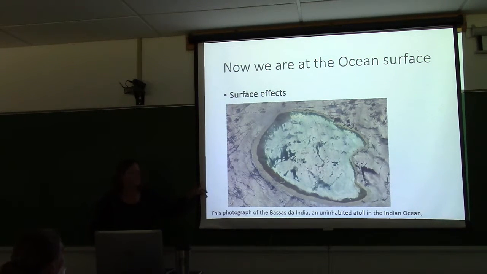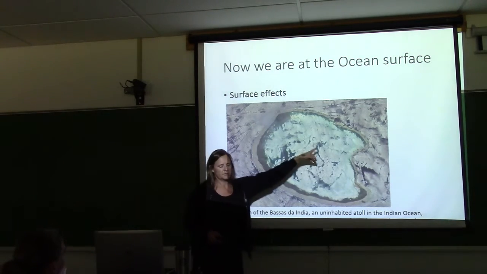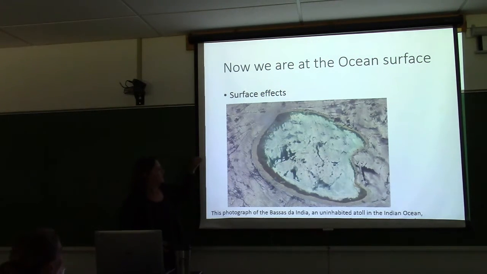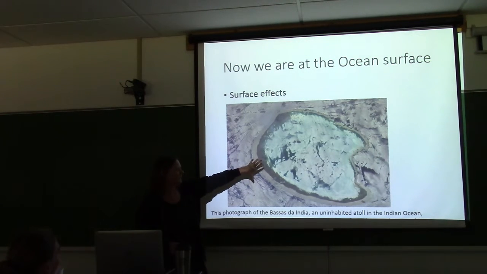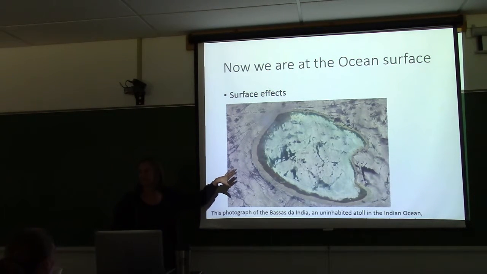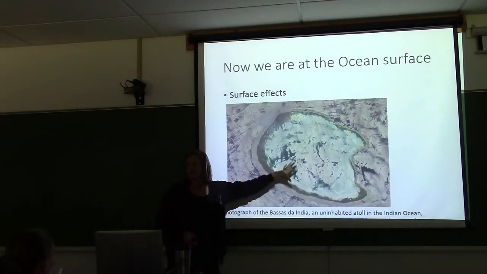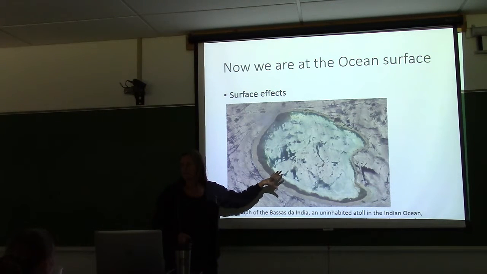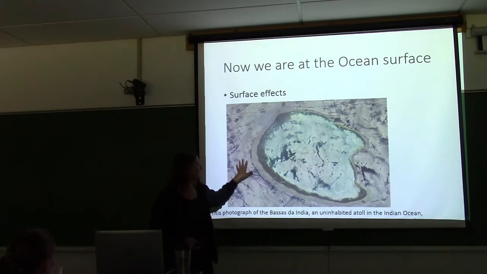So this is an atoll in the Indian Ocean. And these strange patterns, taken from satellite, are due solely to surface processes. You have changes in the reflection of light off of the ocean and off of this atoll, which give you this very spooky image, because it doesn't look like the ocean at all, does it? But you have all this glitter reflecting off the surface.